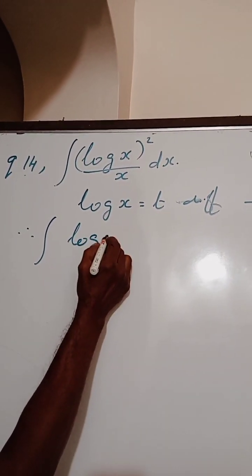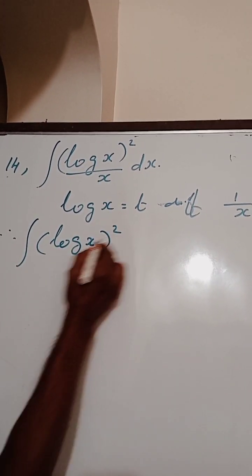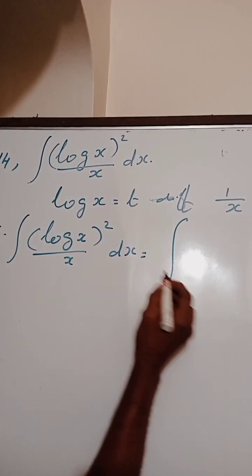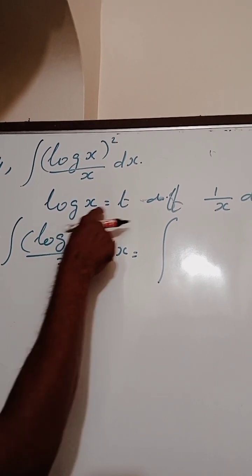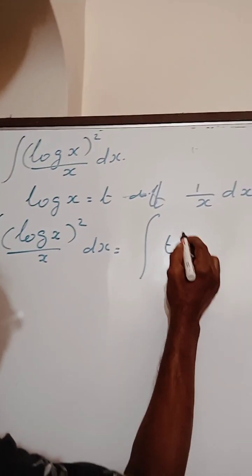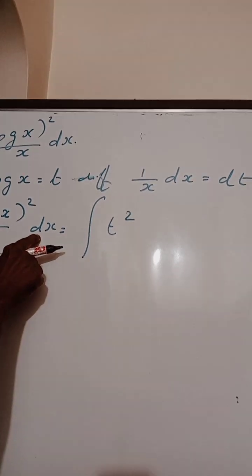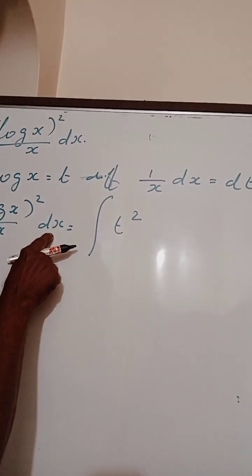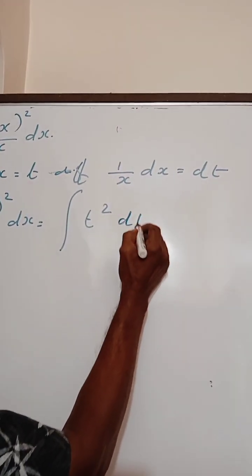Therefore, integration of log x the whole square divided by x dx is equal to integration of, replace log x by t, t square, and replace 1 by x dx by dt.